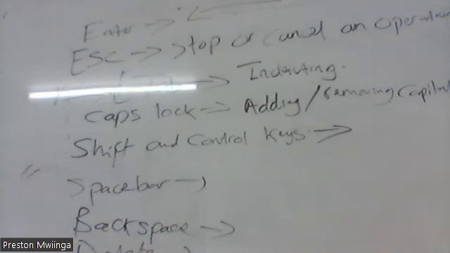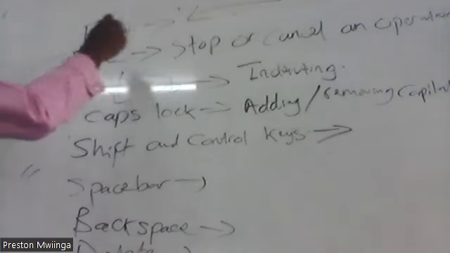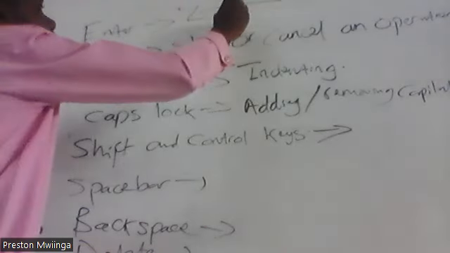I also said I was going to explain more on the home and the end key. What do they do? When numlock is on, you can simply use the home and the end. Either the home and the end found on the numerical keypad or the ones found at the topmost will do the same function. When I click on the home, in my sentence, let's say my cursor is here.